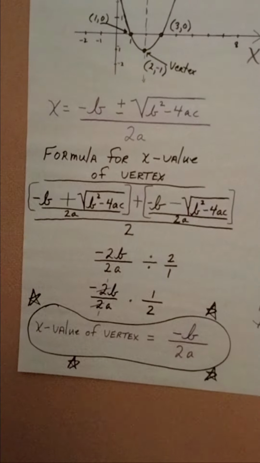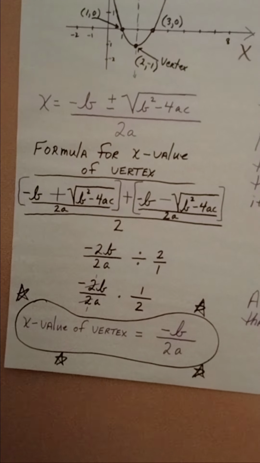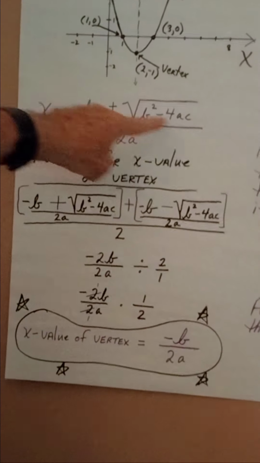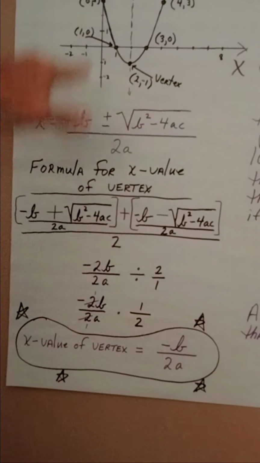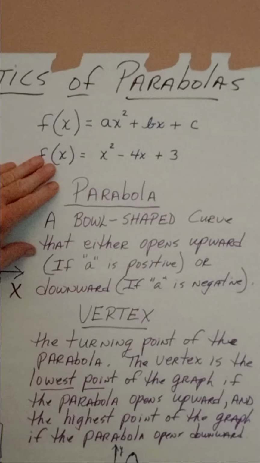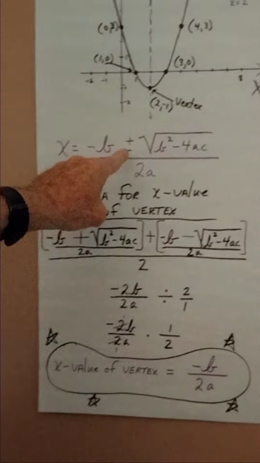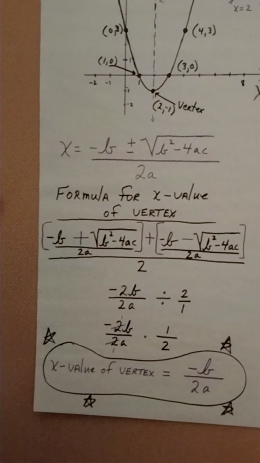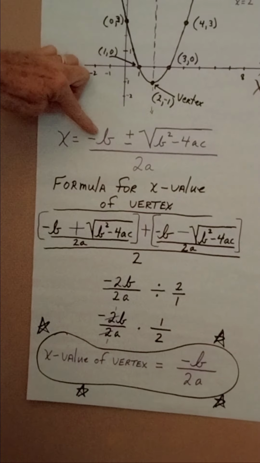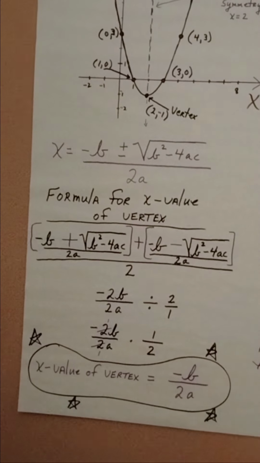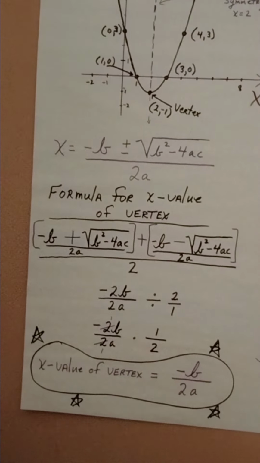Now, I started off with this guy right here. When I started off with this video, we solved this quadratic equation. That was a 0 then. We solved that quadratic equation by using the quadratic formula, which is the opposite of b plus or minus the radical of b squared minus 4ac over 2a.